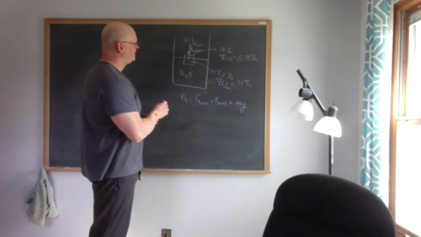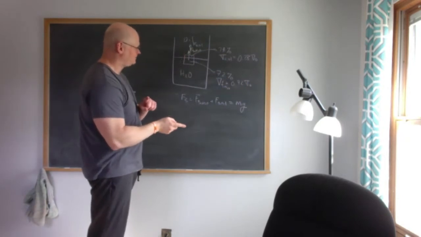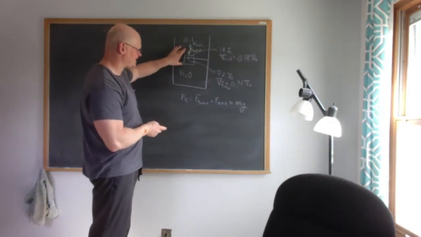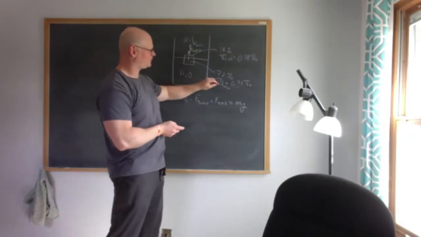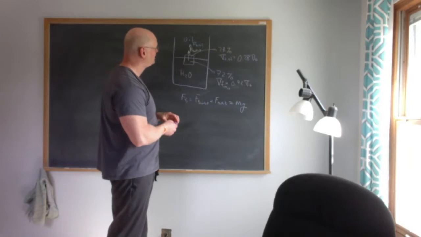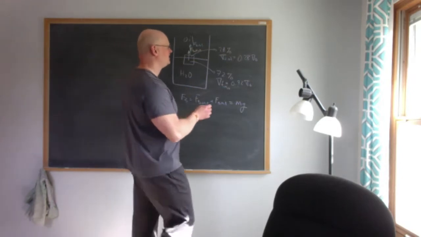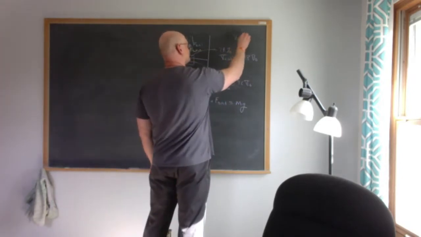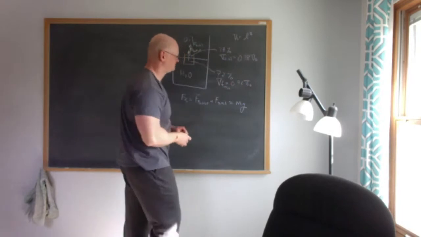Now here we have to be a little bit careful because we don't know what the volume of the object is, but we do know the mass of the object. Do we care about that? Oh, actually, no, we do know the volume of the object. Never mind, I was thinking of a different problem. The volume of the object is simply going to be the length cubed.